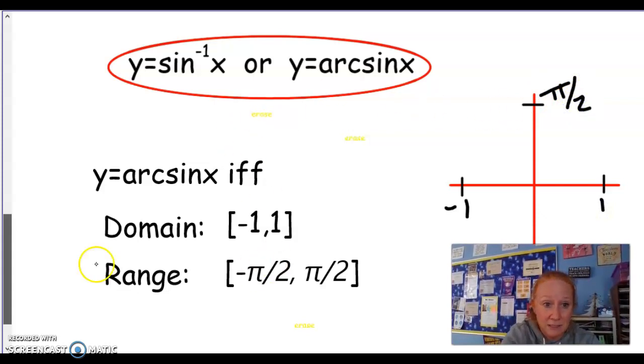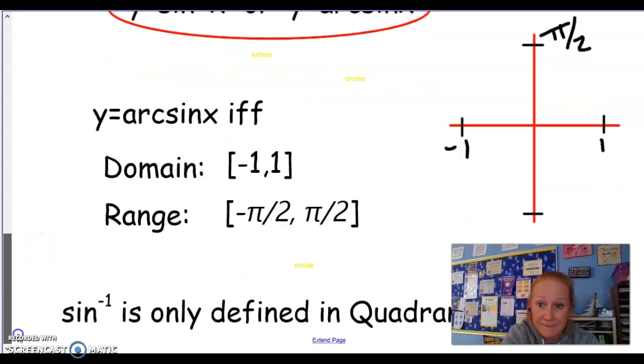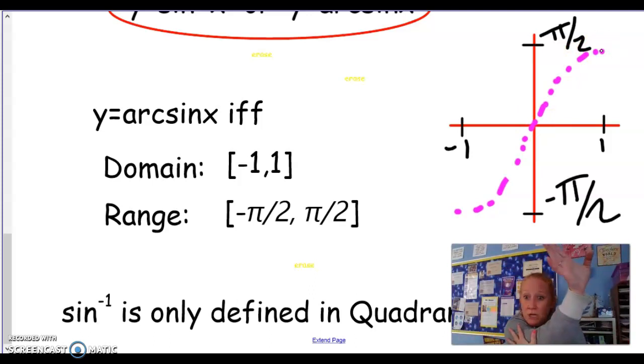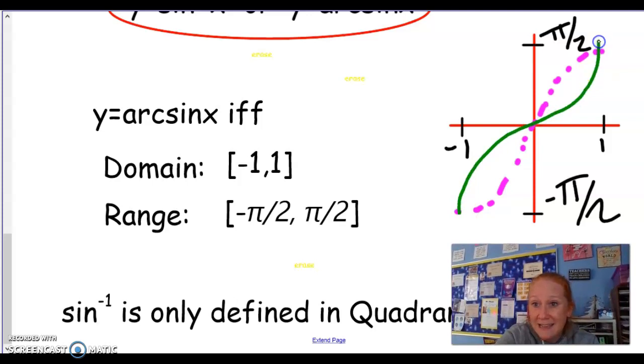And negative pi over 2 is kind of under my face on the video. So negative pi over 2. You know that the original graph was kind of going like this. It's not exactly in the right places, but it was kind of going like that. Well, then when I flip that over the line y equals x, it's now going to go like that.